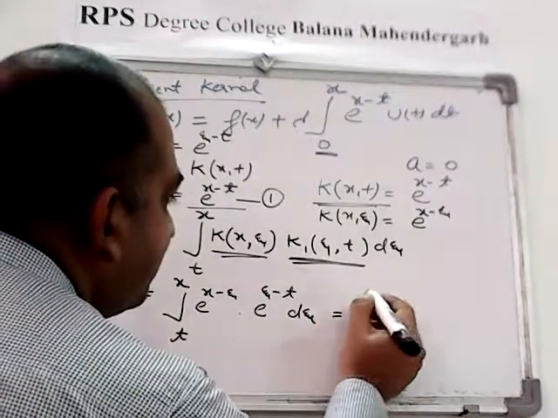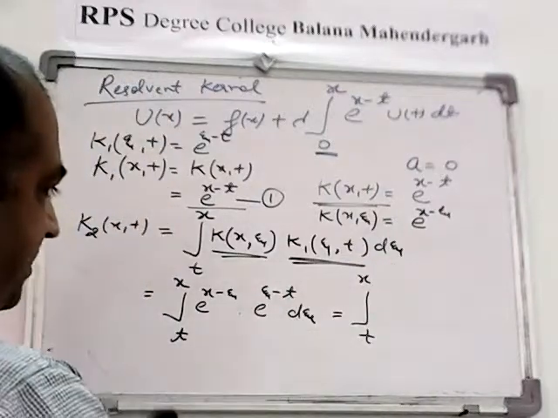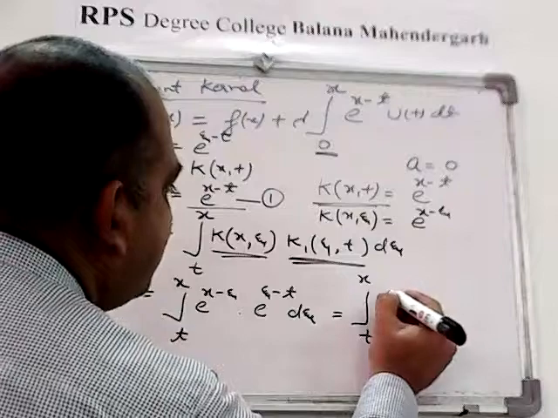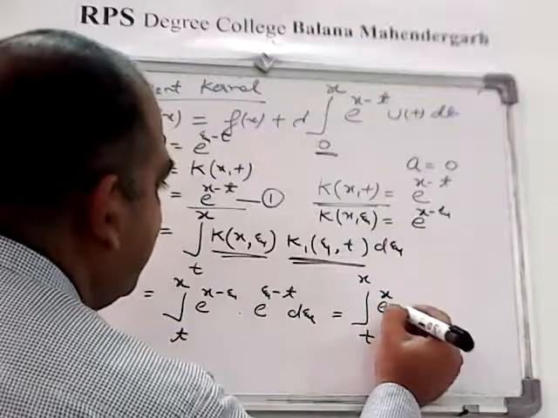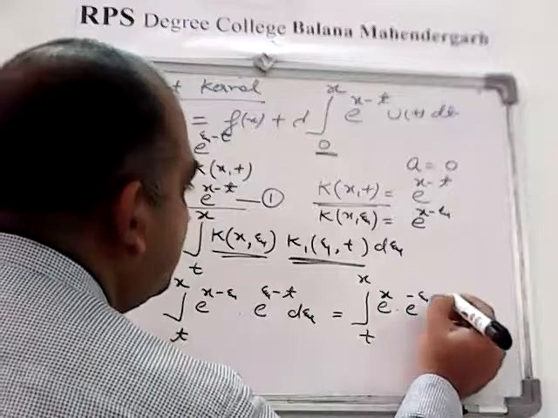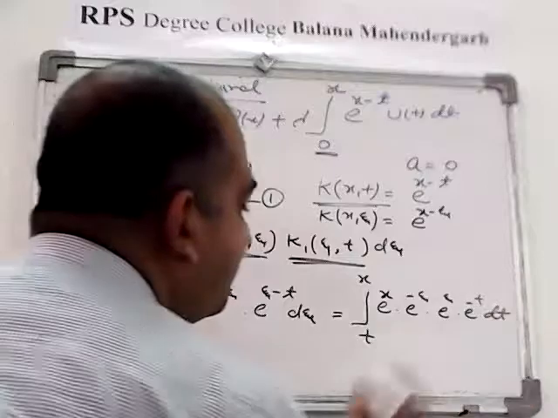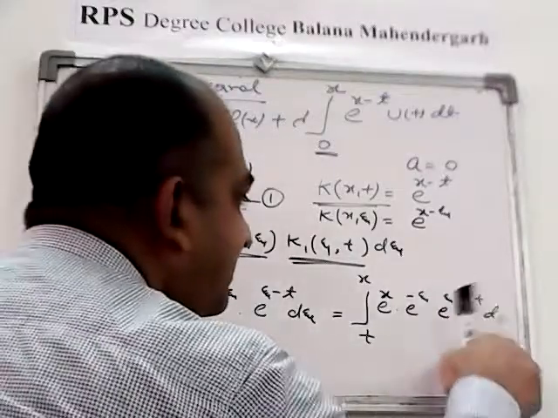So that will be from t to x. Then we can write it as e raised to power x into e raised to power minus xi into e raised to power xi into e raised to power minus t, d xi.